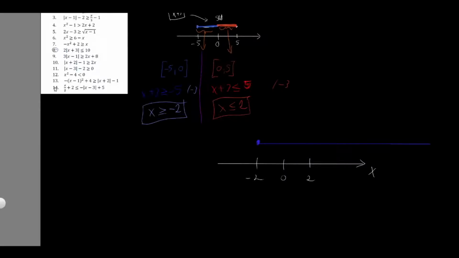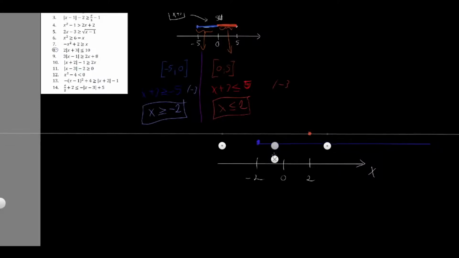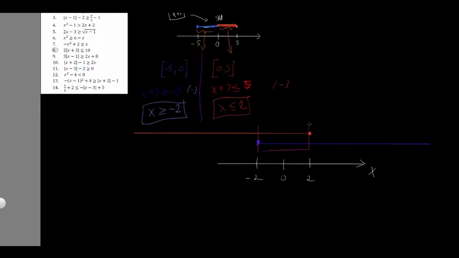But on the other hand, x also has to be less than or equal to 2. So it is a solid circle, and smaller than 2, so from 2 to negative infinity. And the intersection of these lines are the solutions. So everything that is between negative 2 and 2 is an element of the range of the solutions.